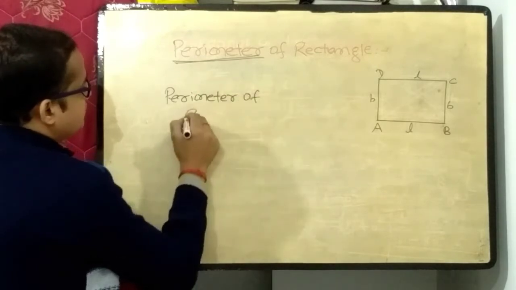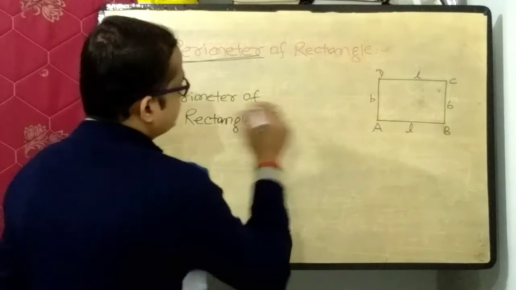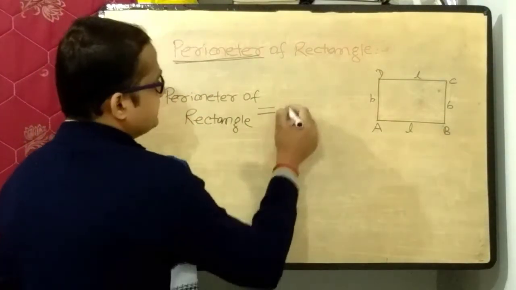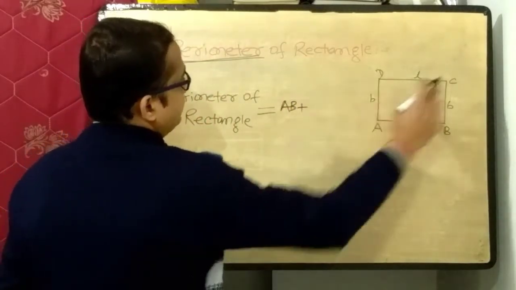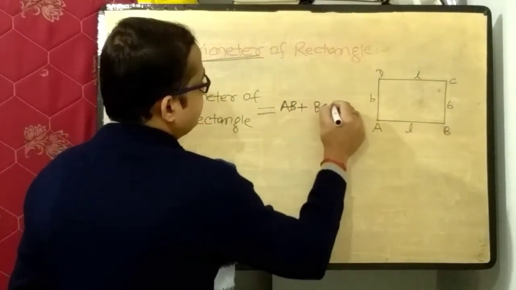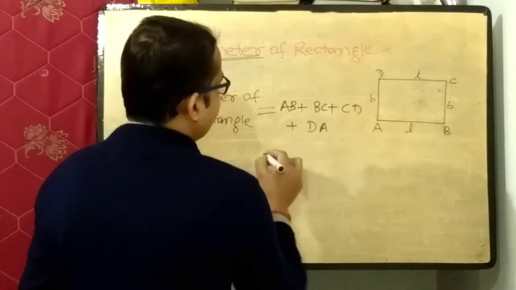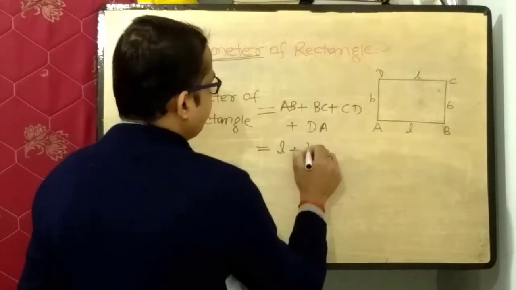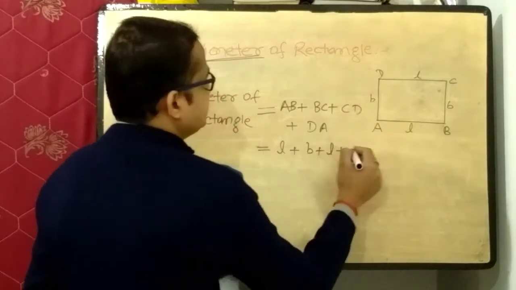Perimeter of rectangle equals the sum of all boundary sides, that means the length of the boundary. So AB add up BC add up CD add up DA. What is AB? L. What is BC? B. What is CD? L. What is DA?